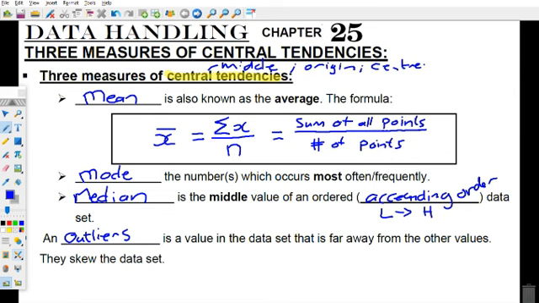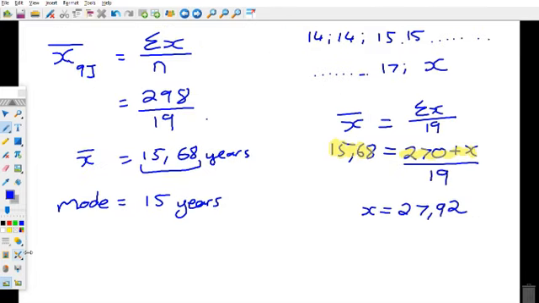We had 14, 14, 15, 15, 15, 15, on and on, 17, and then 28. Do you see how my 28 is an outlier? It's very far from my other points.